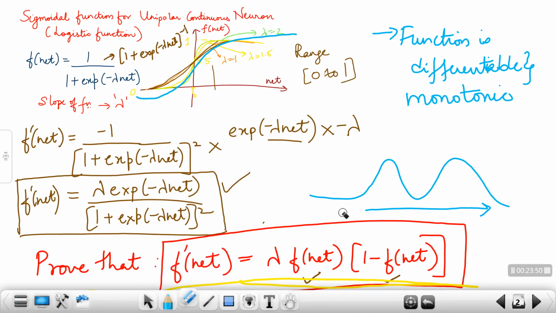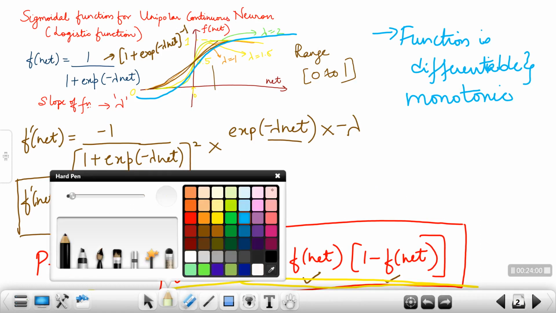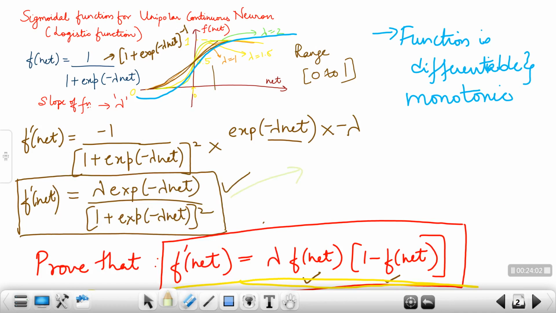But if we find the derivative of this particular function, which we have already found here, the derivative is continuous, that is f dash net, but it is not monotonic.